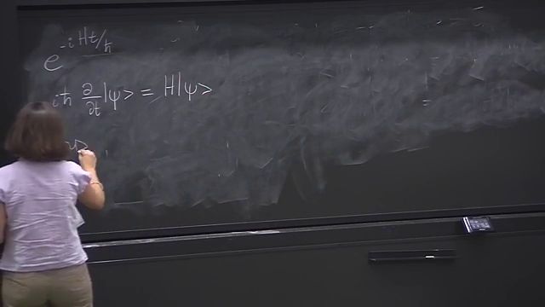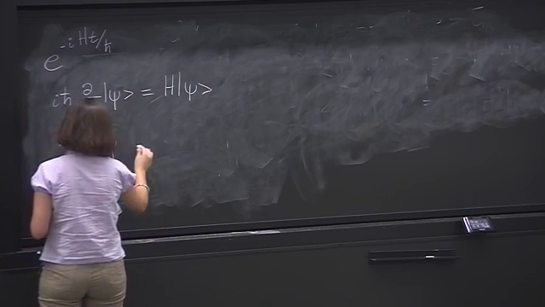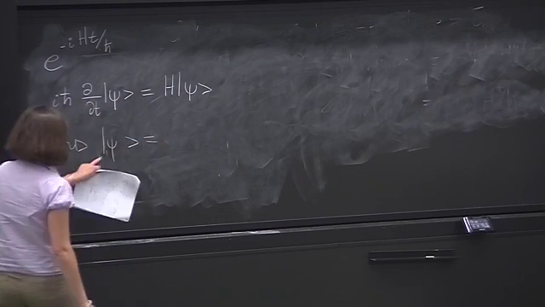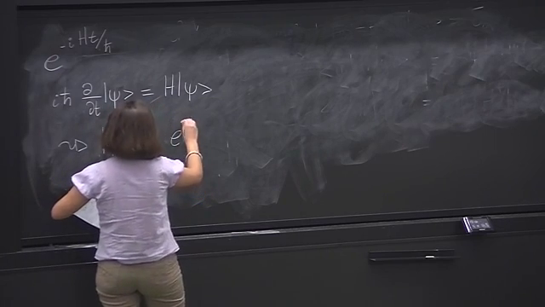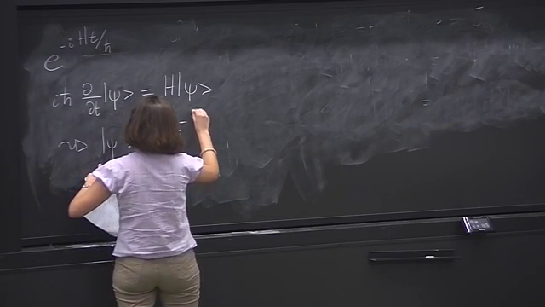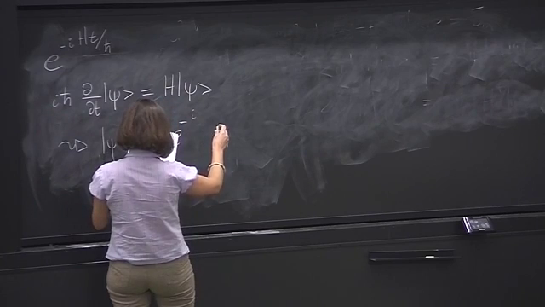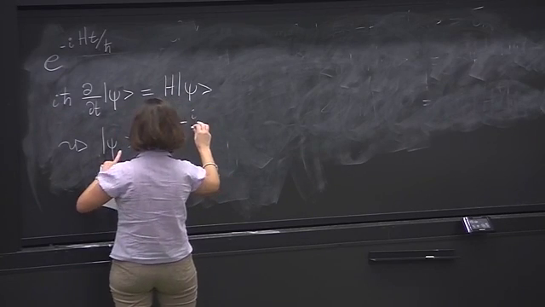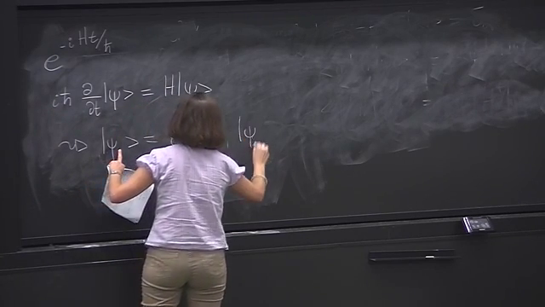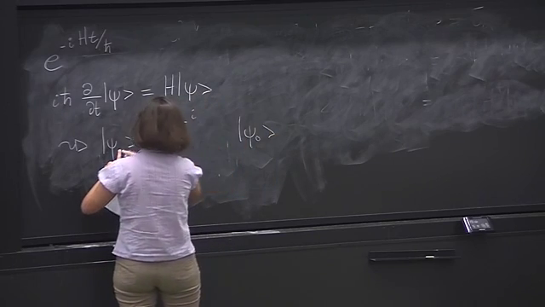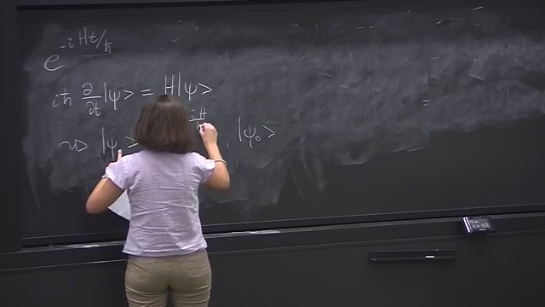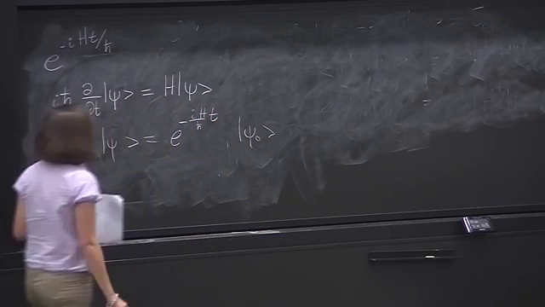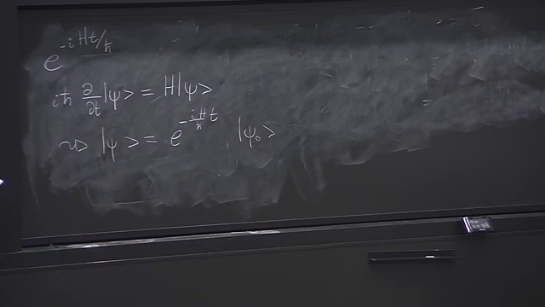we actually find that after some time t, we will evolve from a state, let's call the initial state psi naught, to psi equals e to the minus i H t over h bar times psi naught.